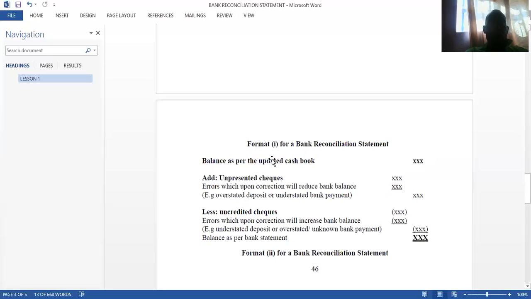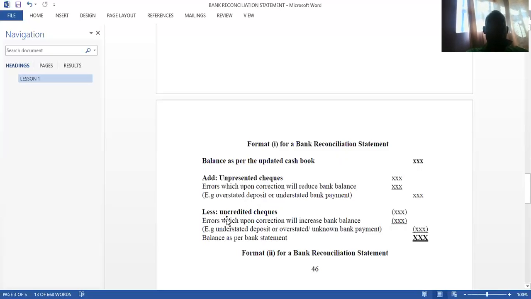If you start with the balance as per the updated cash book, you add the unpresented checks that you have identified. If there is any error the bank has committed, this is not the error in the cash book, but the error in the bank, and these errors will reduce the bank balance in our account, e.g. overstated deposit. If that error was to increase the bank balance, then they are supposed to be added to the unpresented checks.